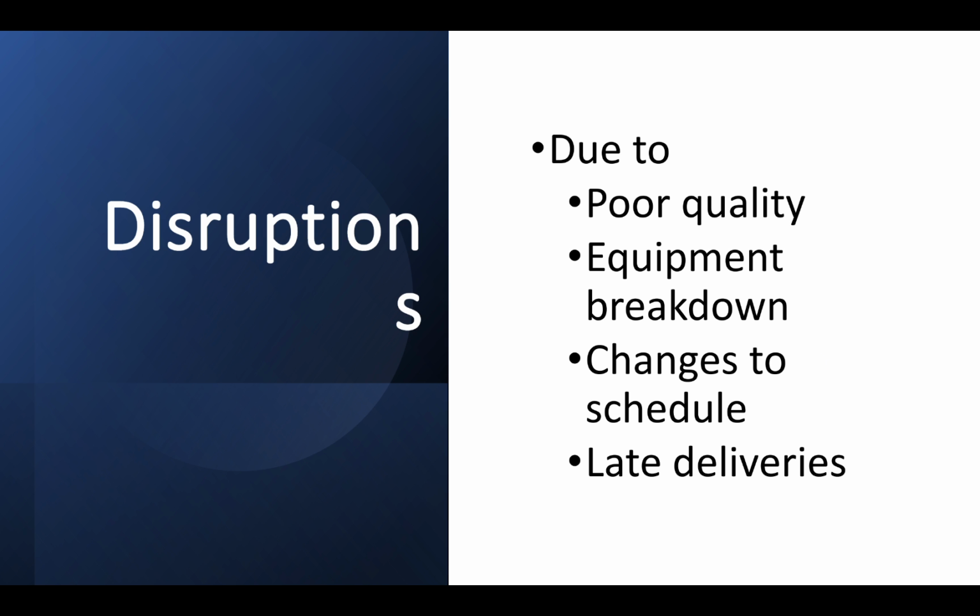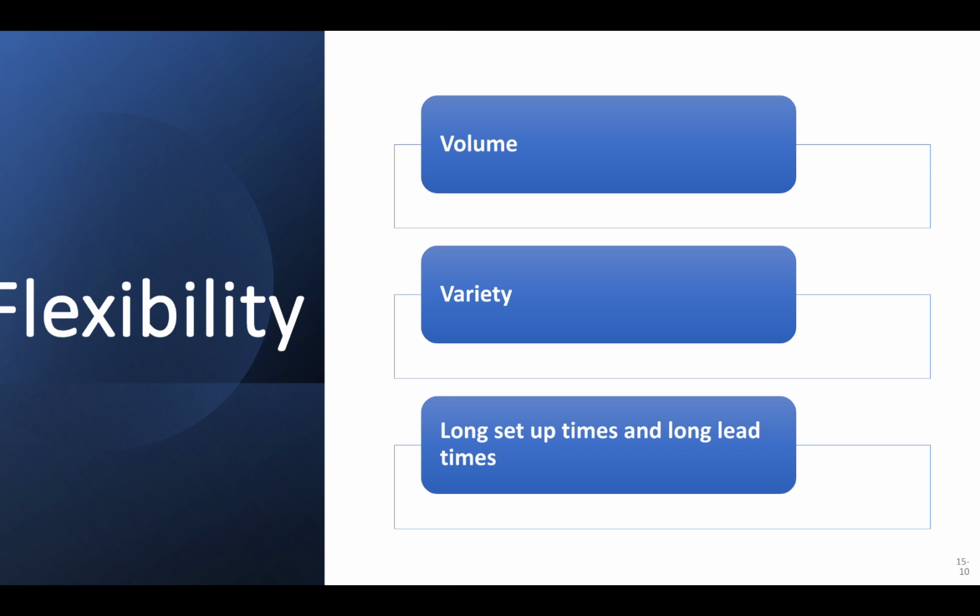They are possibly due to poor quality, equipment breakdown, changes in the production schedule, and late deliveries. We need to eliminate them as much as we can because that reduces the uncertainty the system has to deal with.